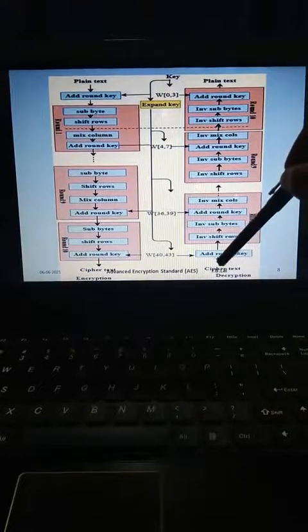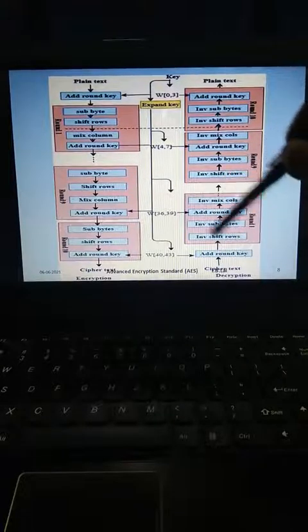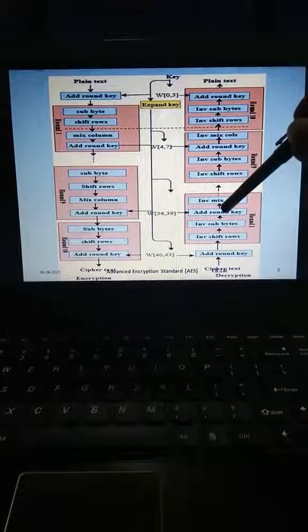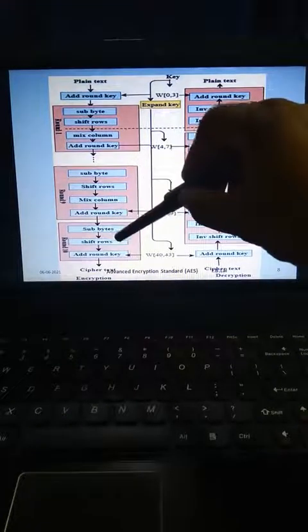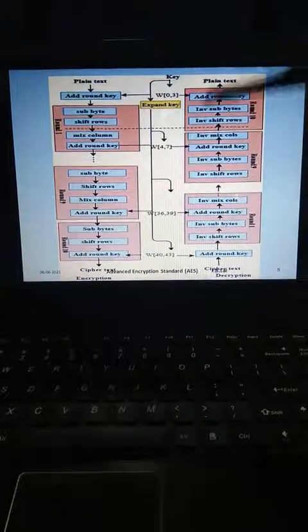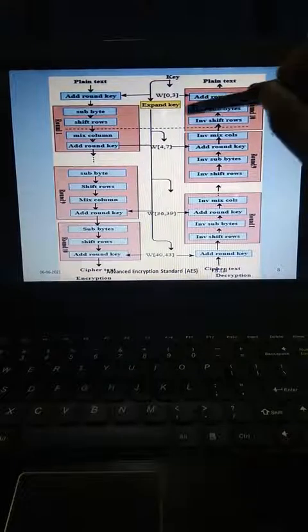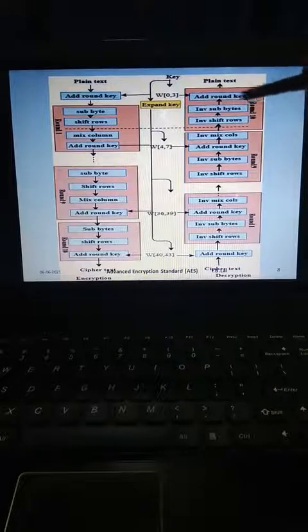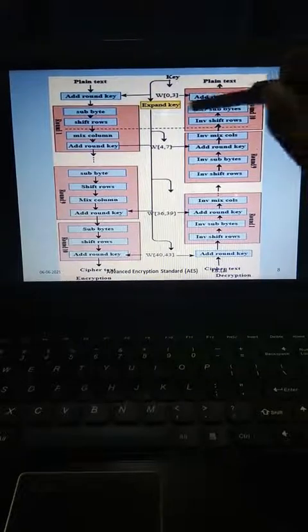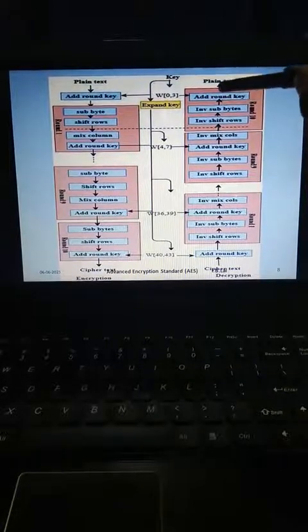It goes from add round key, then round 1 becomes the 10th round of the encryption process, and round 1 of the encryption process becomes the last round. So here again we miss the mix column function, and the final output becomes plain text.